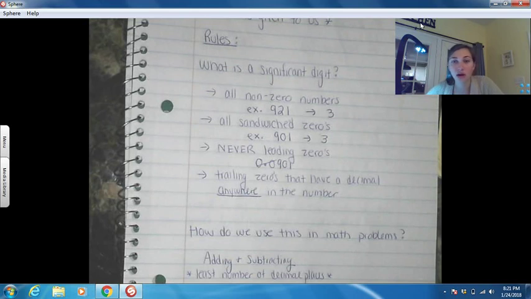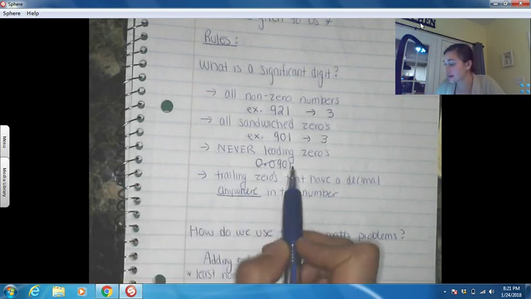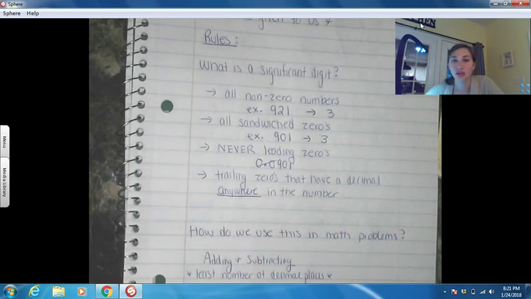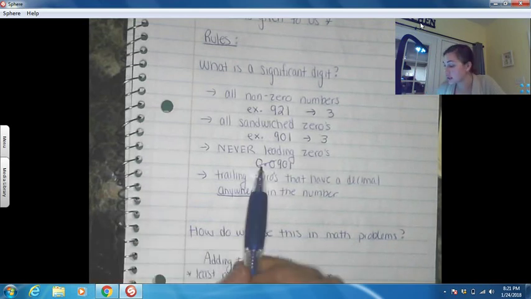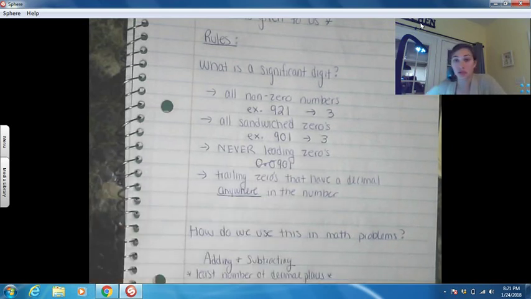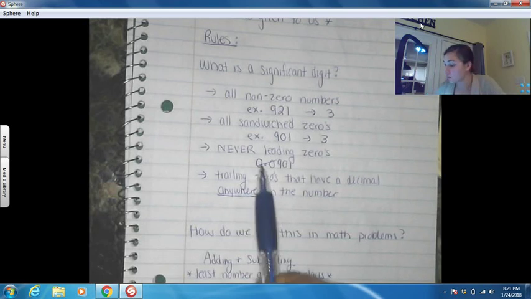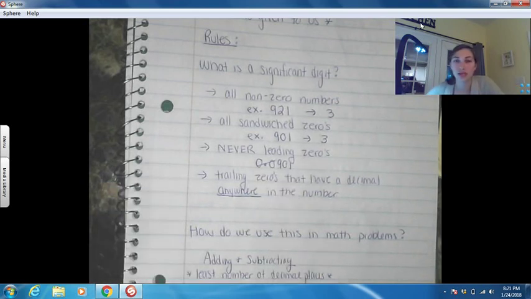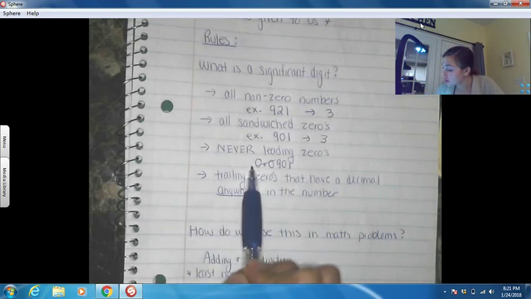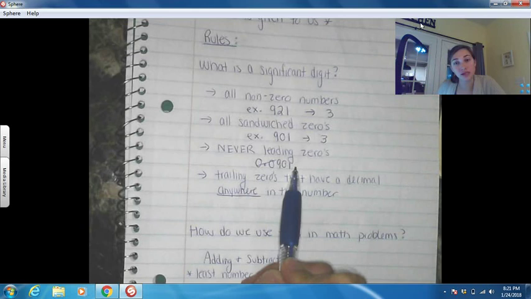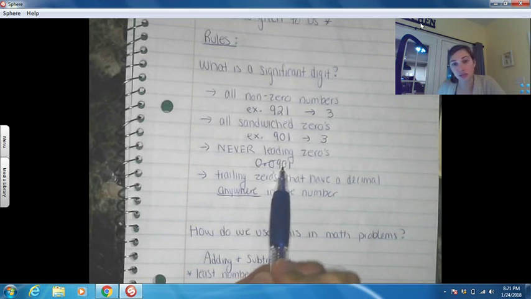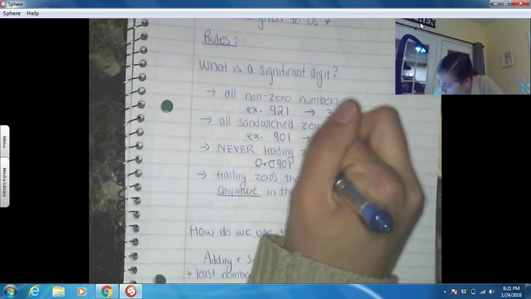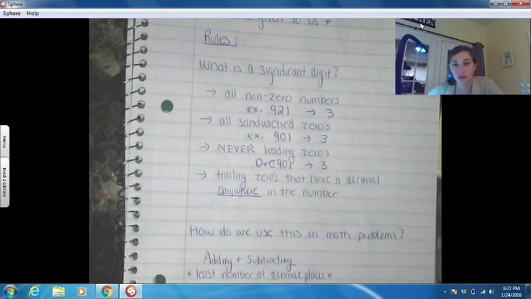They are placeholders to tell us how small these numbers are. If we didn't have these zeros, we would just think it was 901. But with these zeros, we see that this number is actually a whole lot smaller. So these 2 zeros are not going to count, but we know that non-zero numbers do count and sandwich zeros do count. So again, we have 3 significant figures.